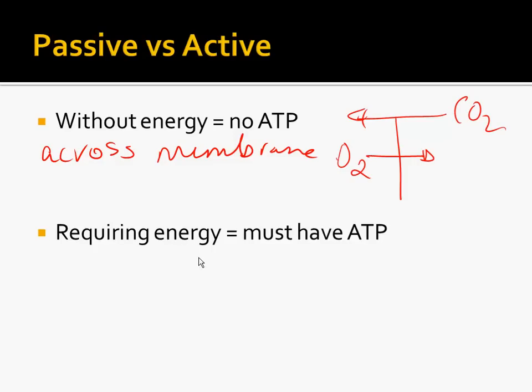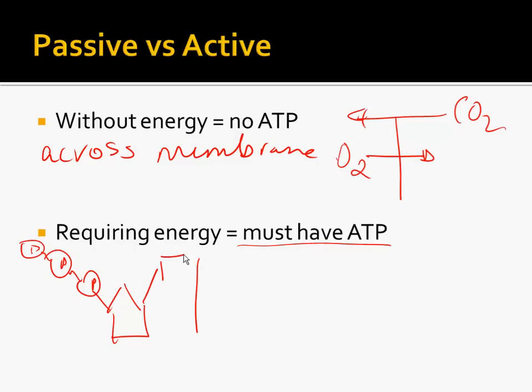In contrast to this, the movement of particles across the cell membrane, sometimes it's going to require energy. It's going to need energy, and we're going to call this active transport. And for active transport, a reminder of ATP, what it looks like: 3 phosphates and the base adenine.